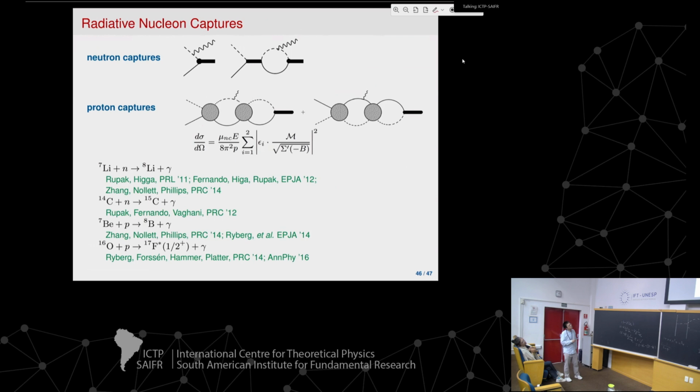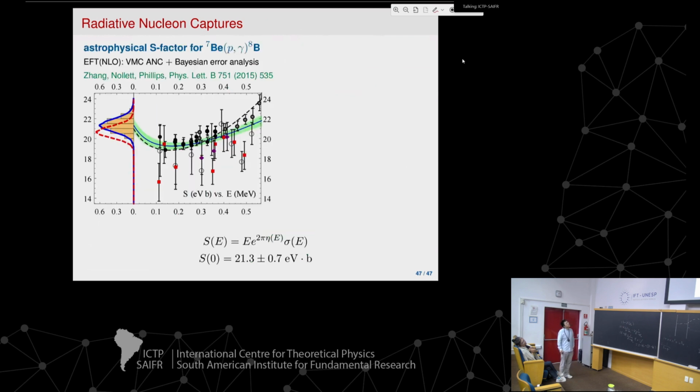And this has been applied to many different systems. I just put several references here if you're interested, and I won't talk about details. This has been applied to study the radioactive neutron capture, and the proton capture for beryllium 7 to get to boron 8. Then this can be used to extract the astrophysical S factors.